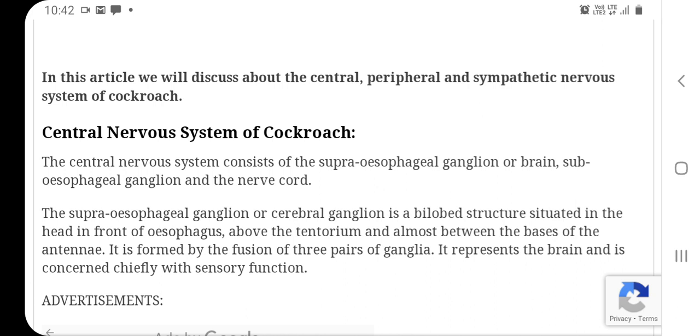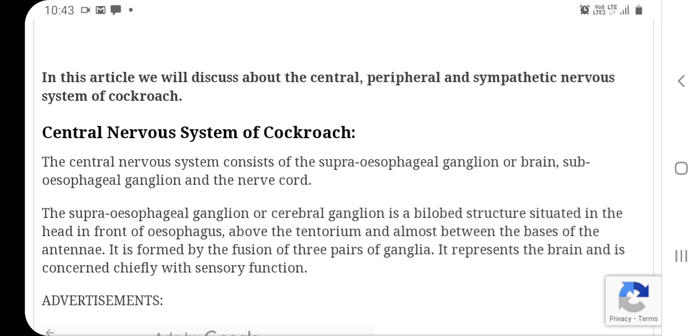As I have told you, the nervous system is made by three individual systems which are interrelated or interlinked.